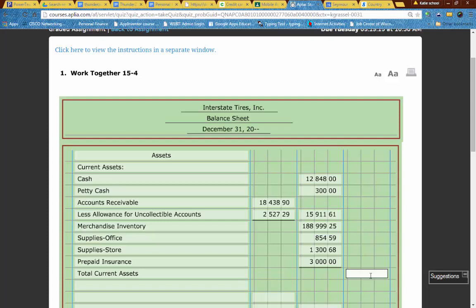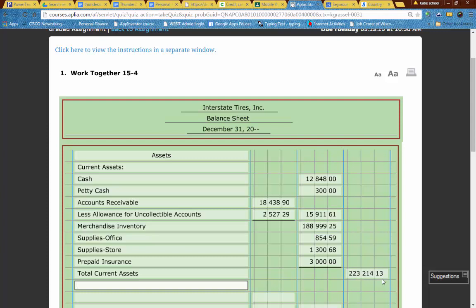Did somebody get a number for total current assets? I don't agree. Here's where you're like, I don't agree.